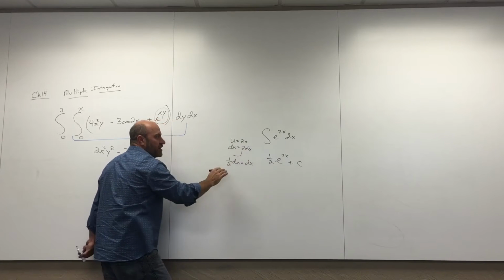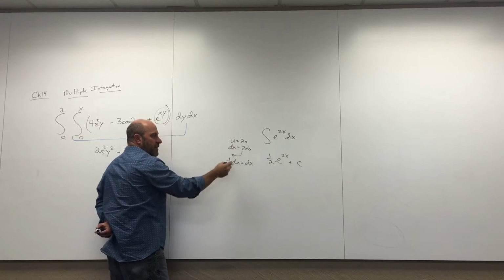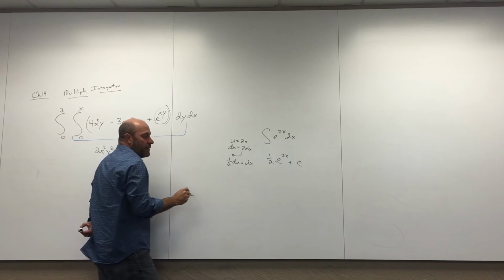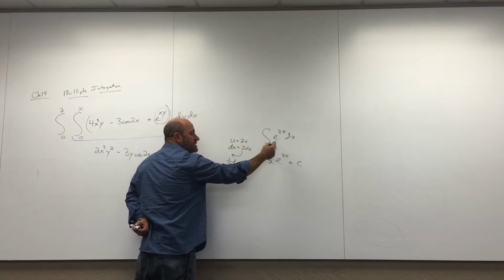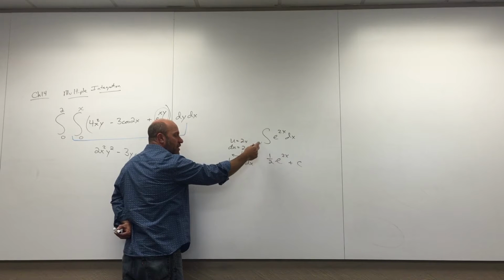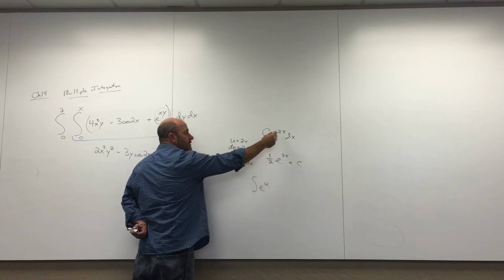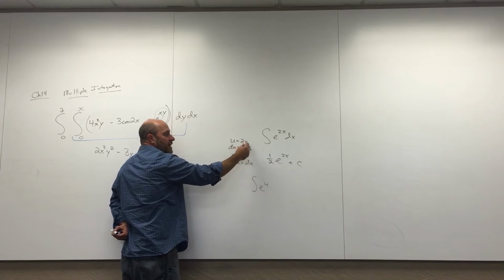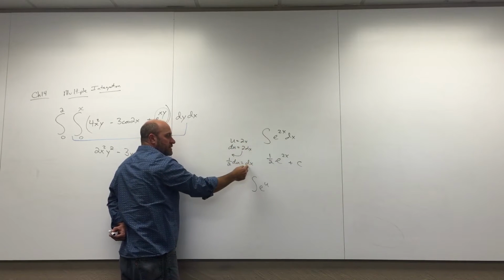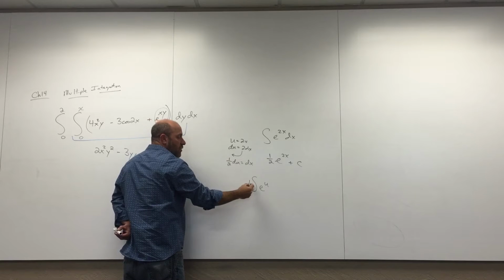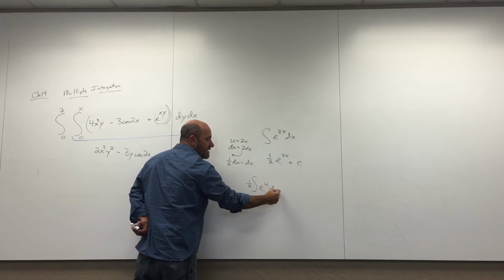This is worth doing here for a second. I know this is pretty basic, but it's been a while. When I plug it back in, I get e to the u, right? I call that u. And then what's the dx? It's 1/2 du. So I pull the 1/2 out front, and I have du.